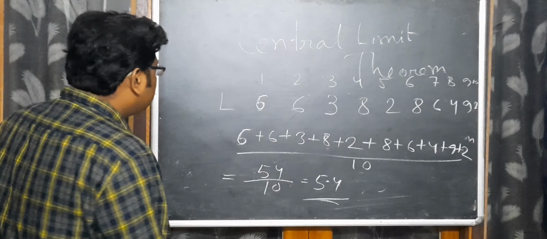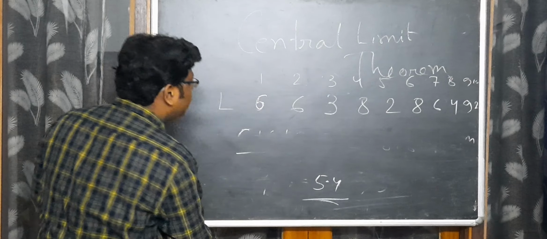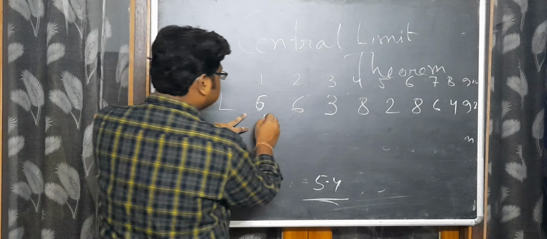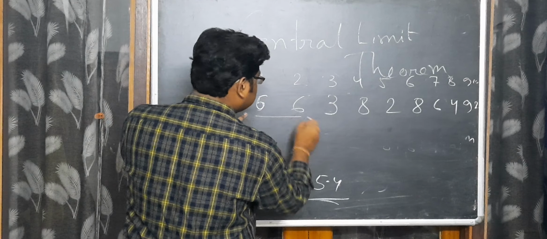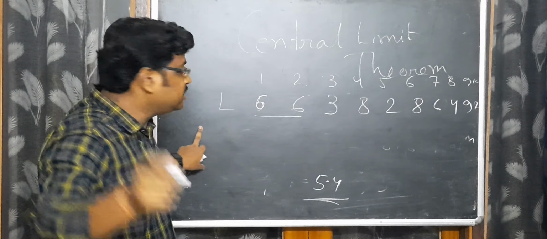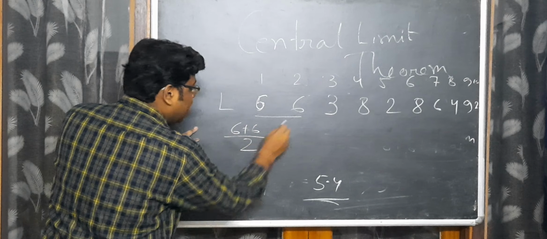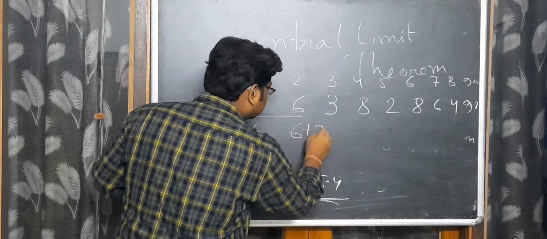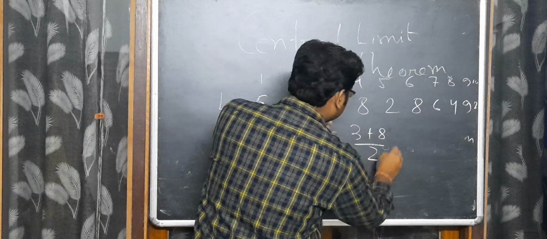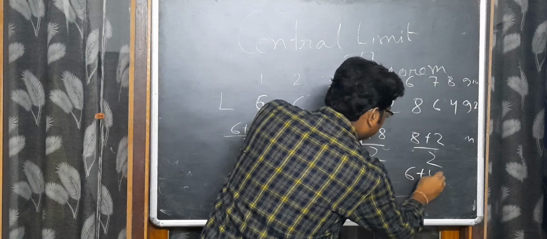Okay. So now I am taking samples from here, each with 2 watermelons. 6 plus 6 divided by 2, the mean of this sample, and again 6 plus 3 by 2, 3 plus 8 by 2, 8 plus 2 by 2, and 6 plus 4 by 2.